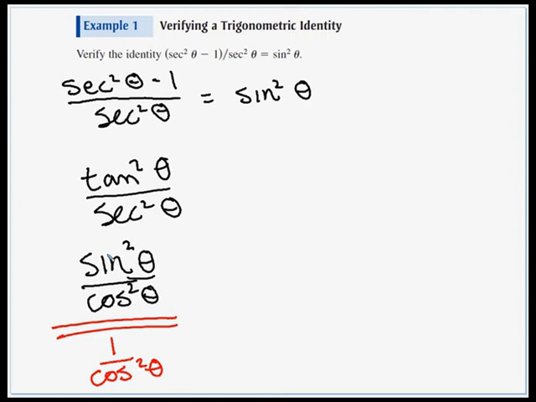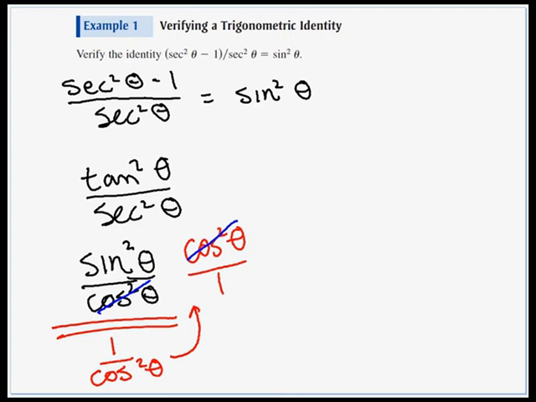So now we have a fraction divided by a fraction. We could invert and multiply. So I could bring this 1 over cosine squared up and make that cosine squared over 1. Aha, look at that. On this diagonal, the cosine squareds will cancel, and we're left with sine squared over 1, which is exactly the goal we wanted to get to.